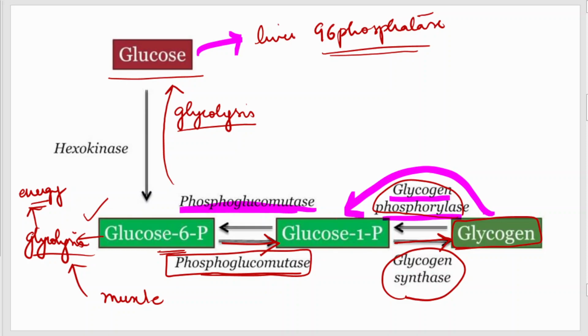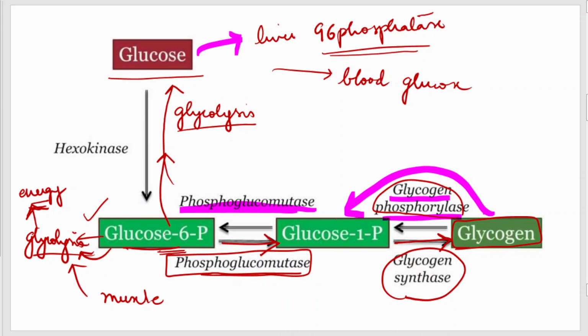The liver has the glucose 6-phosphatase enzyme, so glucose 6-phosphate is converted to glucose and released into the circulation, contributing to blood glucose. But in muscle, glucose 6-phosphatase is not present, so glucose 6-phosphate enters further reactions of glycolysis and serves as an energy source for muscle contraction.